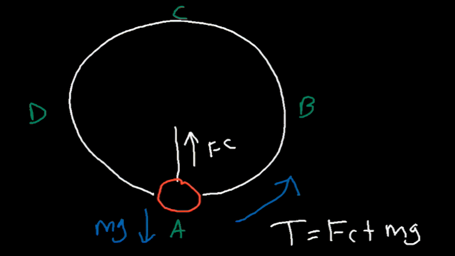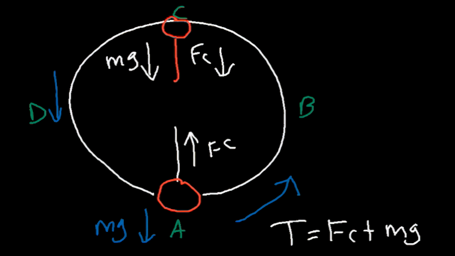At point C, it's the lightest. The tension force doesn't have to be that great because gravity also assists in providing the centripetal force. Gravity is going to help the ball to turn in a downward direction. Right now, at point C, the ball wants to go towards the left.